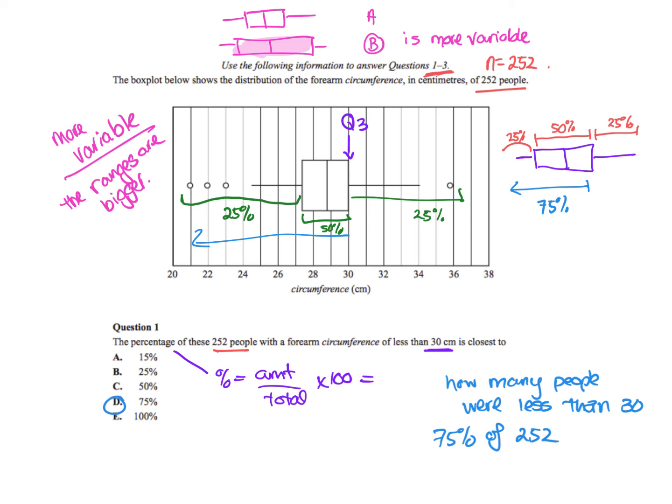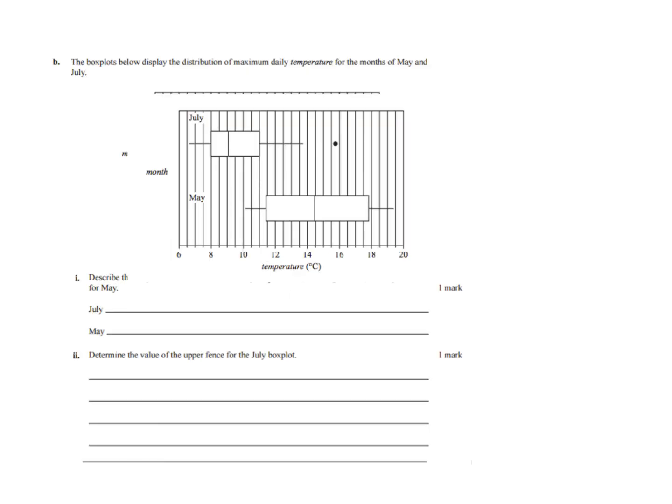Okay, the box plot below shows the maximum daily temperatures of the months May and July. Describe, oh, I've cut that out. For May, I think you had to describe the shape. I've cut that off. So describe the shape of July. What's July's shape? It's positive skewed.